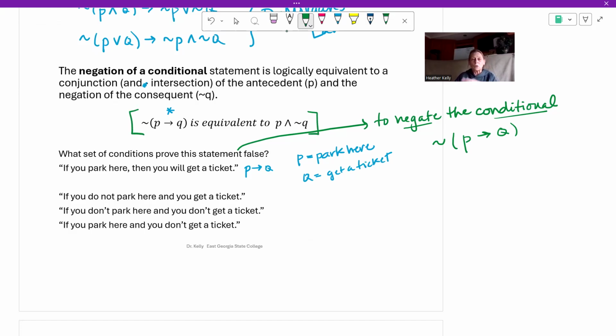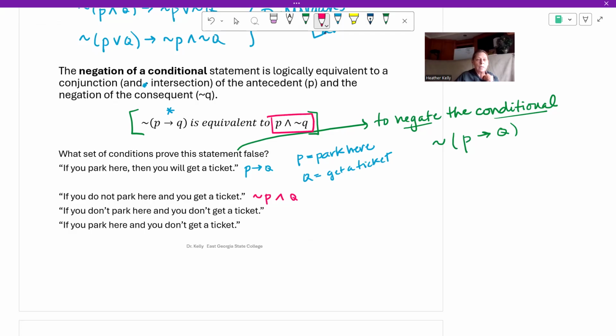Okay, just want to make sure everyone else was on the same page, including myself. All right, so how do we write this statement? If you do not park here, so that's not P, and you get a ticket. Okay, so that's not this. We need it to be P and not Q.